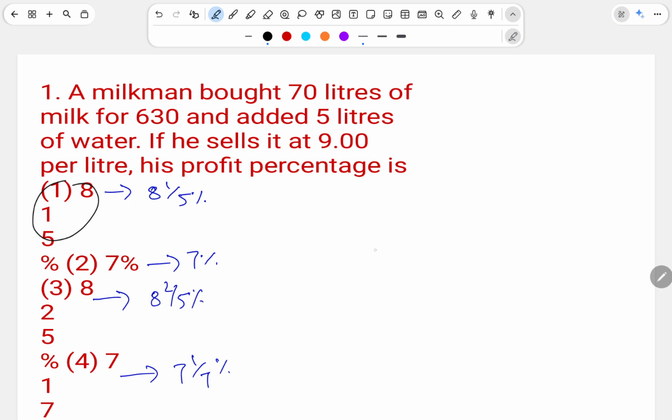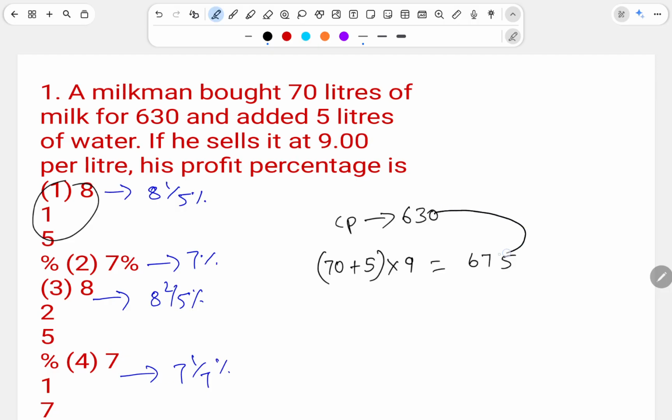So he bought 70 liters of milk at 630, so CP is 630, and he sells it at 9 rupees per liter. After adding water, initially 70 plus 5, total 75, he is selling at 9 rupees. So 75 into 9 will be 675.